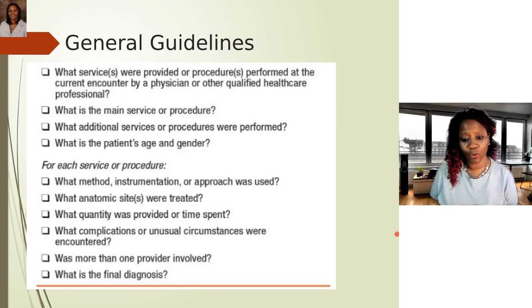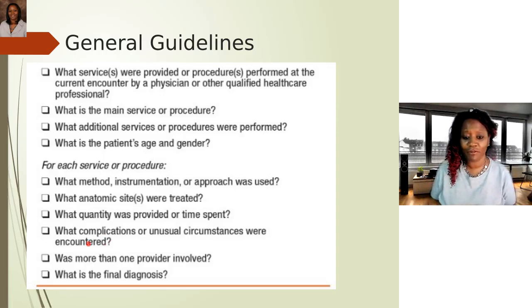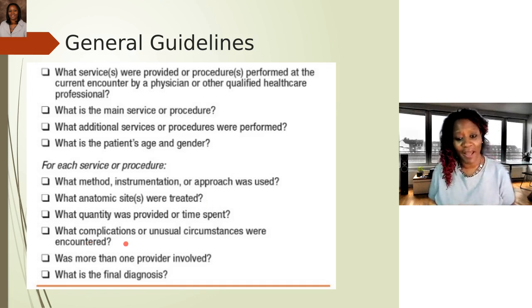Another thing we want to look at is, were there any complications or was there anything unusual that happened during that patient's visit? So one of the things that you can think about as an example is a patient comes in, they have a colonoscopy. That's what they're scheduled for. They get the anesthesia, they're in the back.